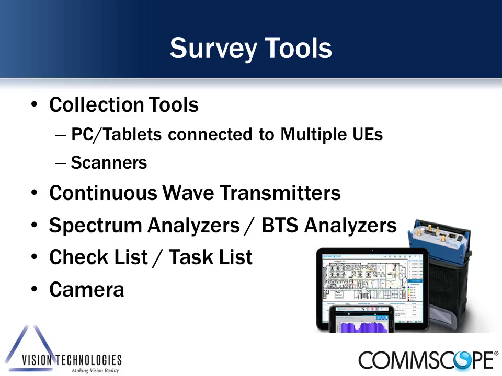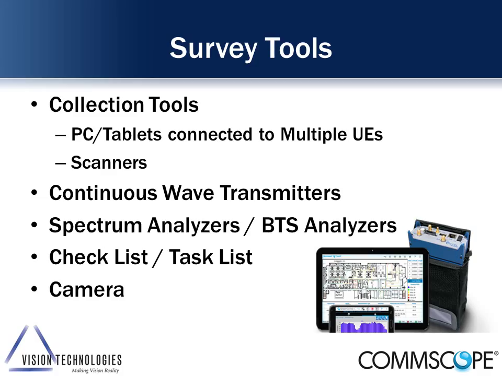In addition to utilizing cell phones, we utilize scanners, and scanners will help pick up public safety and other signals as well. We talked about using a continuous wave transmitter to help us test the in-building RF propagation between walls.